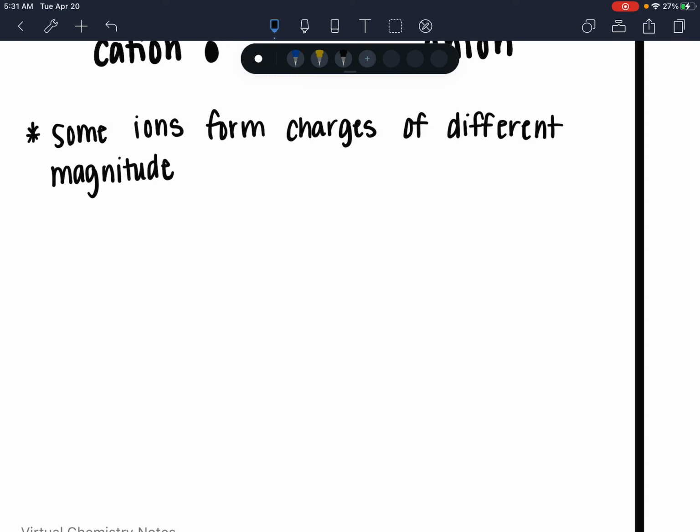So, for example, let's say we had an ion looking like this that had 3 positives and 4 negatives.